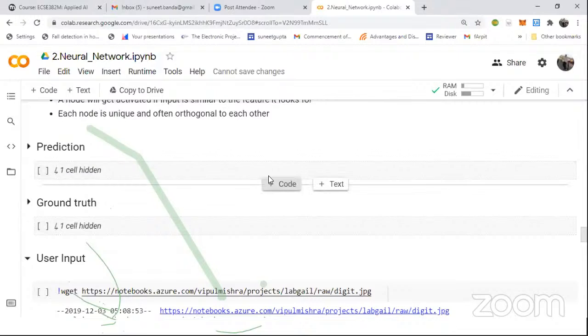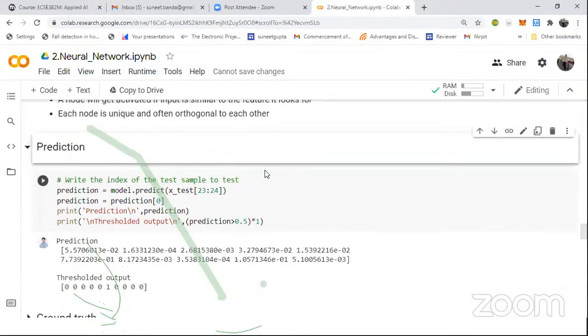Okay, so what we did up to now: we built a model, we compiled the model, we trained the model, we tested the model. Now we are moving towards the prediction. Okay, so here just you can see we simply pass one image for the prediction purpose.